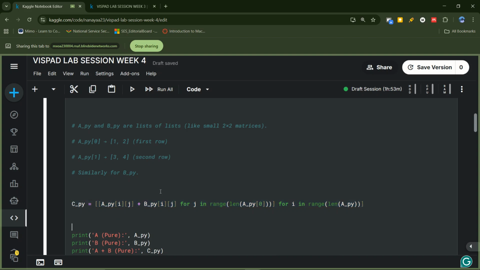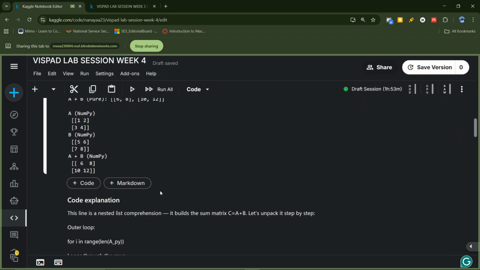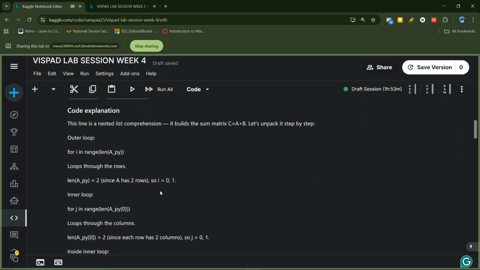It's trying to add the matrix A and the matrix B. I broke things down for us to easily understand what is happening. This is a simple code explanation for you to get what is going on.